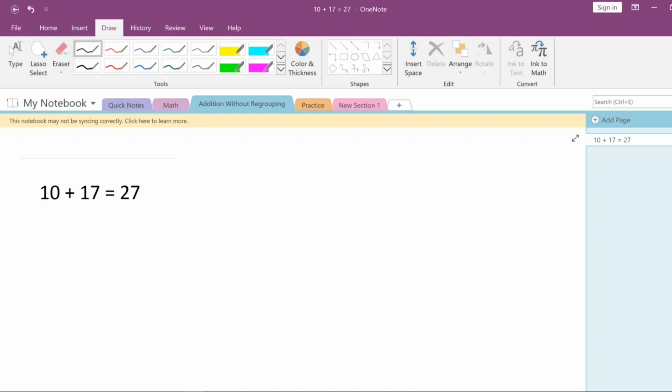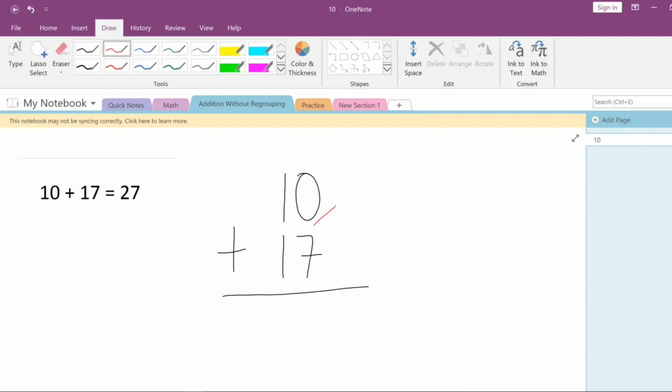So first we have to write them again. 10 plus 17 equals what number? Did we align them properly? 0 is ones, so it's on the right side. 7 is ones, therefore it is also on the right side. So both these numbers, 0 and 7, are aligned together. Both 1 and 1 are aligned together.